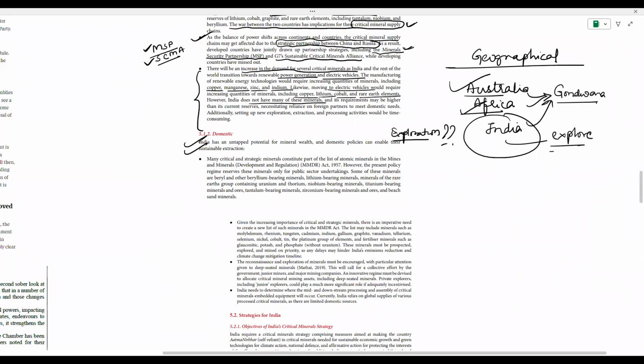We need to explore. That is why we have started exploring lithium, and we have got lithium in Karnataka, Mandya, and Jammu and Kashmir, Reasi district.